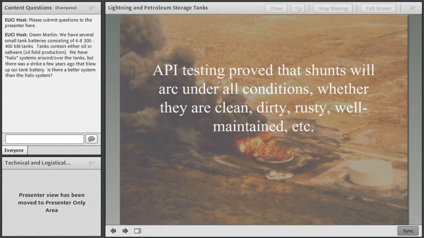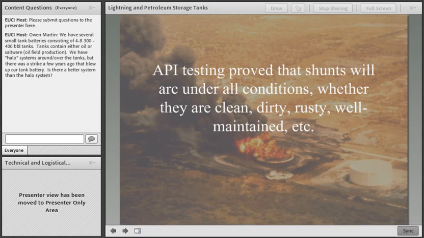And these tests proved that shunts will arc under all conditions. So previous to these tests, it was believed that if a shunt was new and clean and the surface of the tank was clean and everything was in new working order, like with clean surfaces and good contact, these shunts would not arc.